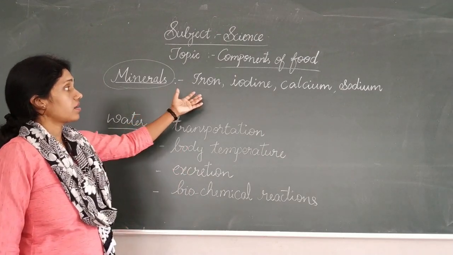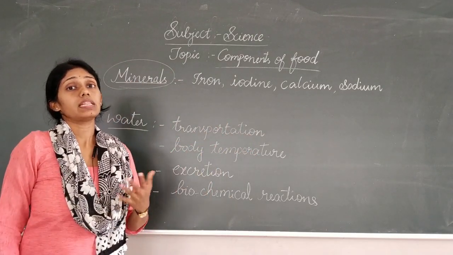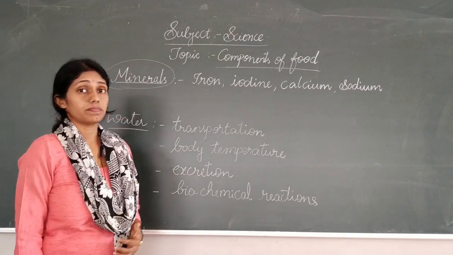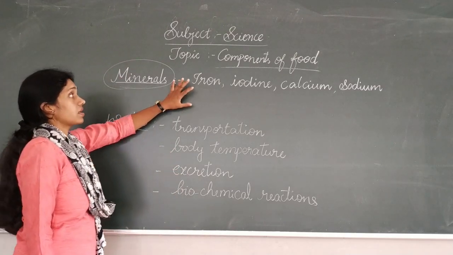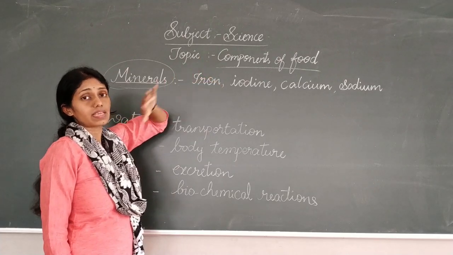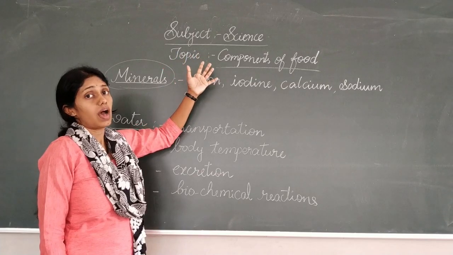And then iron, iodine, calcium, sodium, phosphorus, fluorine, these are a few minerals present in the food. Now iron, we get iron from green leafy vegetables and fruits. They contain more iron.